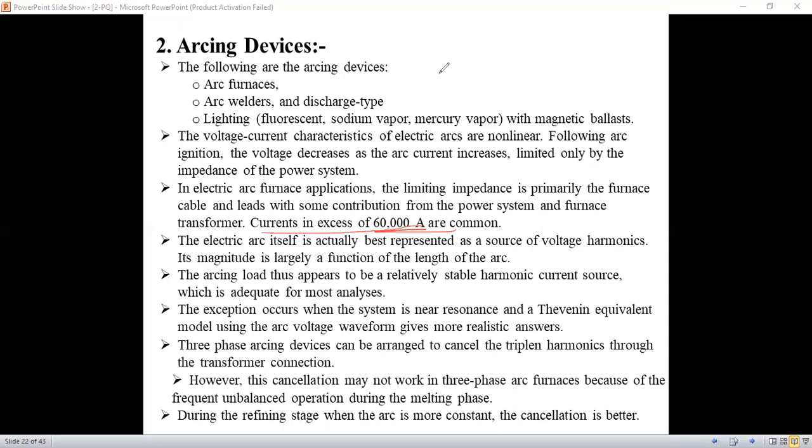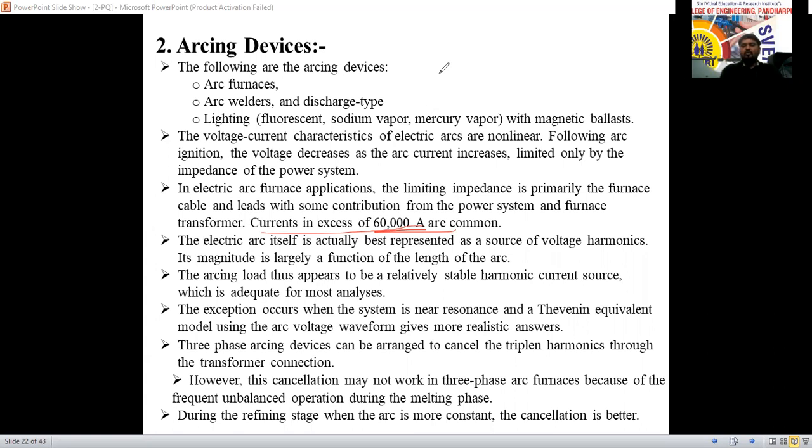So the following are the arcing devices. Arc furnaces, arc welders, and discharge-type lighting are there: fluorescent, sodium vapor, mercury lamps and all the things.